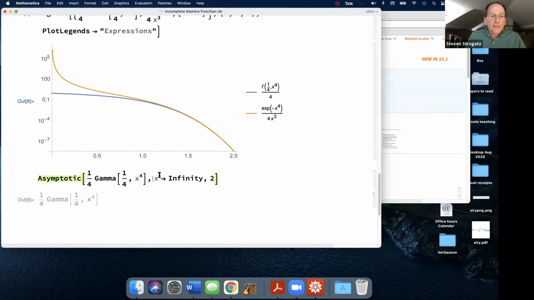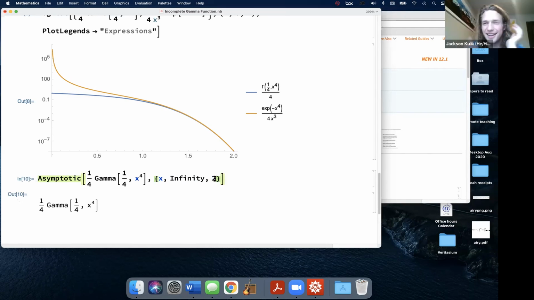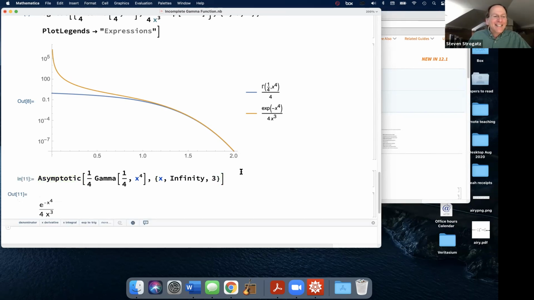So let's do it like this. Oh, I see. x expanded around infinity, give me two terms. Like that. Let's try that. You're teasing me. Sorry, I should say I didn't try this out myself. I'm on 12.0. So. There we go. That gave me something.